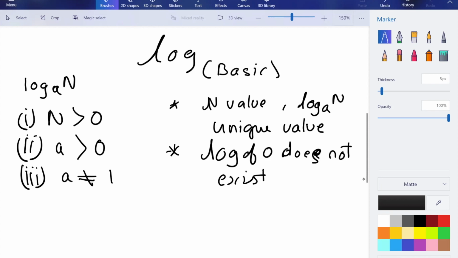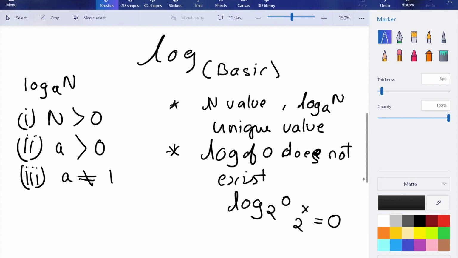We can represent a number in a logarithmic function. Why can't we represent 0? Let's take an example for this. Log of 0 to the base 2. Now when we convert this into the exponential form, 0 will become the argument and 2 will become the base.